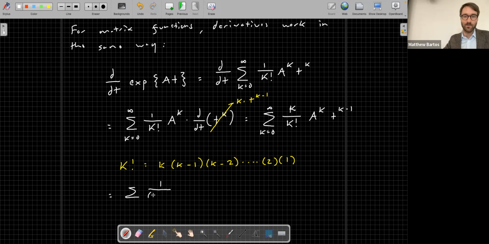So this will be 1 over k minus 1 factorial times A to the k times t to the k minus 1. Now, can you have a factorial of a negative number? Strictly for a factorial, no, you can't have a factorial of a negative number. So instead, what we can do is we can just redefine our index to go from k equals 1 to infinity.